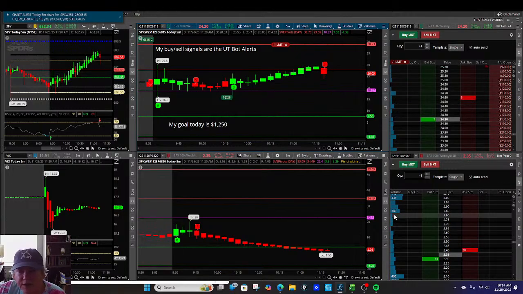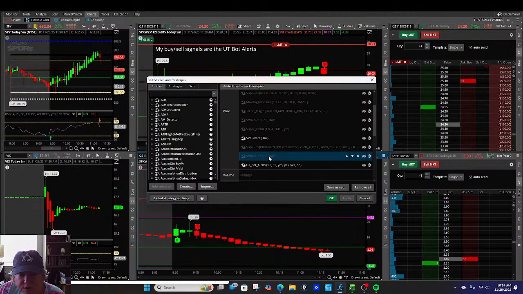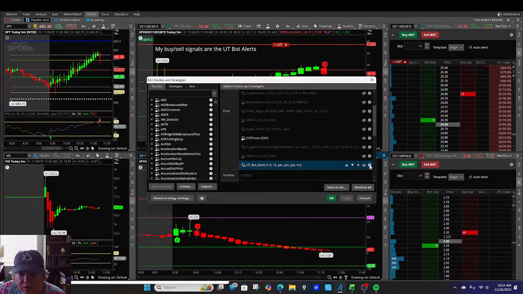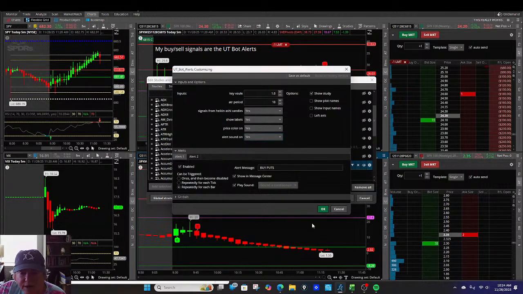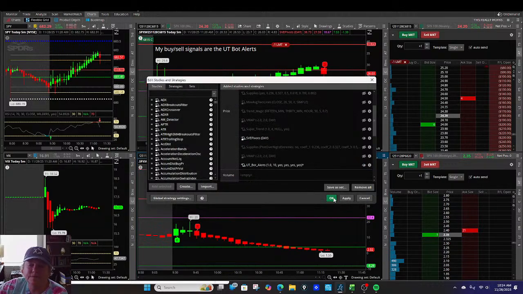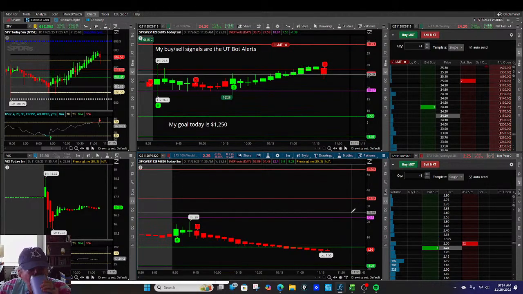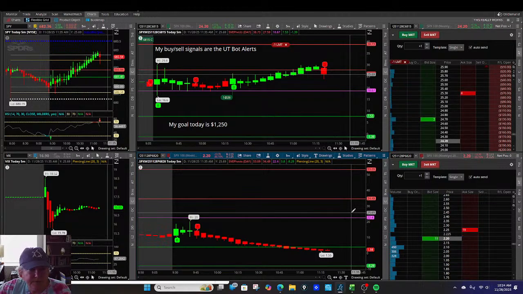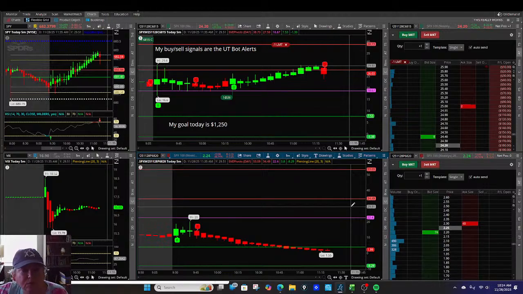My sounds had gotten turned off with the UT Bot Alerts, so let me go in and set alert sound on, make it yes. I'm not worried about this red candle.